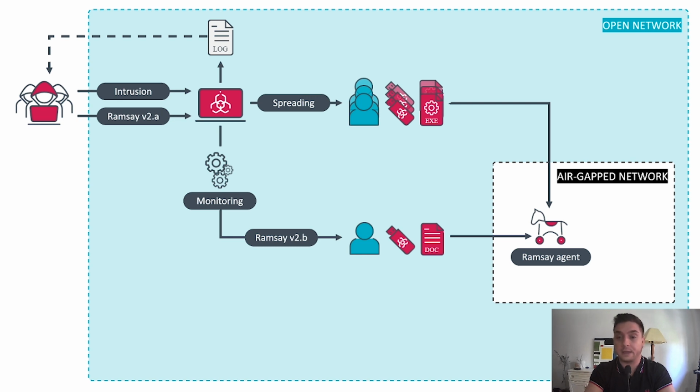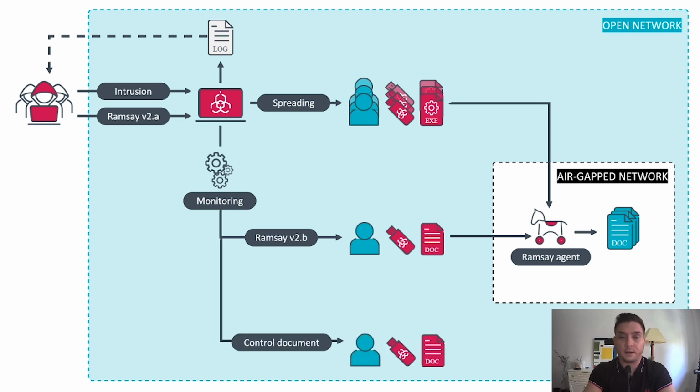When this happens, the Ramsay agent will do its malicious functionality, the collection and cover storage capabilities, and store and append the Ramsay containers all throughout the file system.